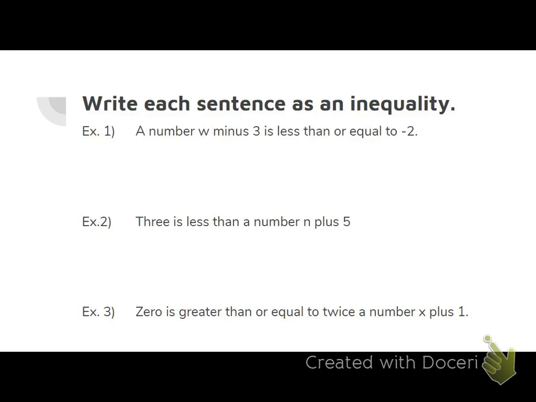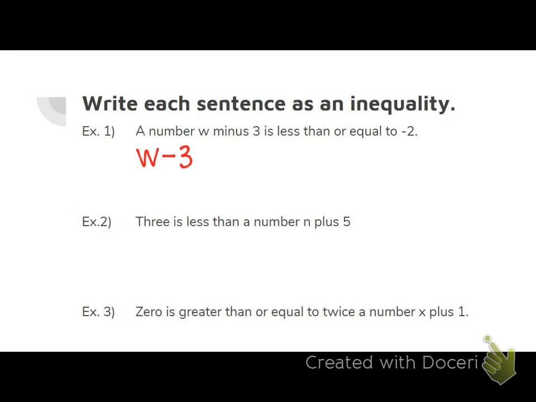So when they say a number W, that's what they want us to use as our variable. That's a pretty literal translation. Minus means we're doing what operation? Subtraction. So we're taking W minus 3 is less than or equal to negative 2.